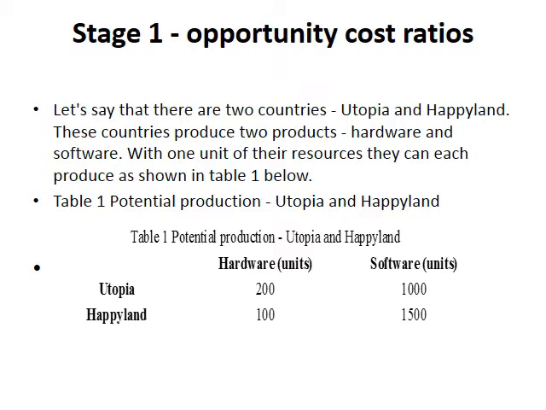Table 1 is their potential production of Utopia and Happy Land. Utopia can produce 200 units of hardware or 1,000 units of software. Happy Land can produce 100 units of hardware or 1,500 units of software.